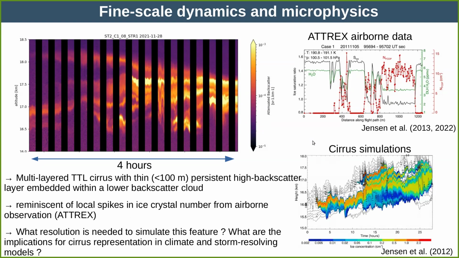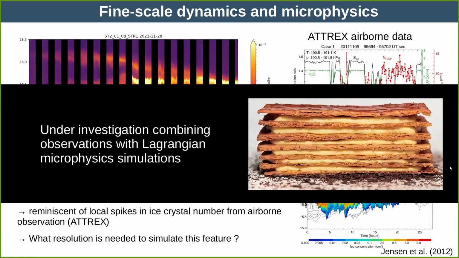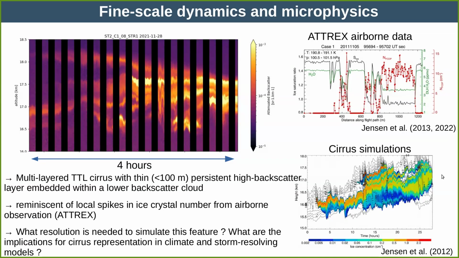And it's also quite similar to previous cirrus simulations. Here in a paper from Eric Jensen, we see quite similar structures appearing in column simulation of TTL cirrus. But at that time, it was not really commented on, maybe because there was no evidence for the reality of such structures. But we see that quite often in BCool observation.